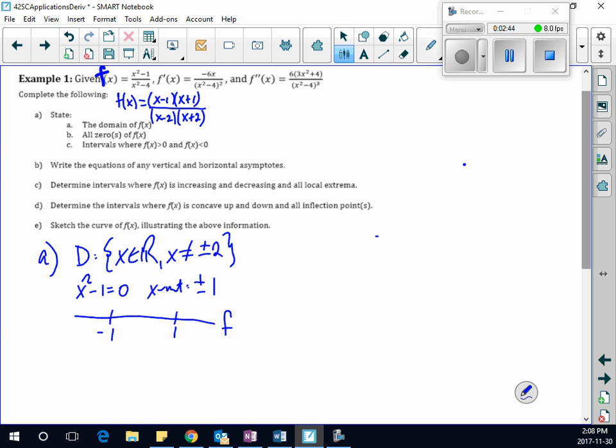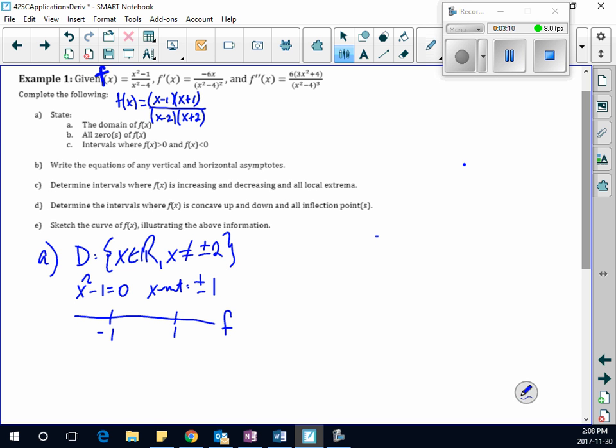If you think about this for a second, what's actually happening there? Vertical asymptote.